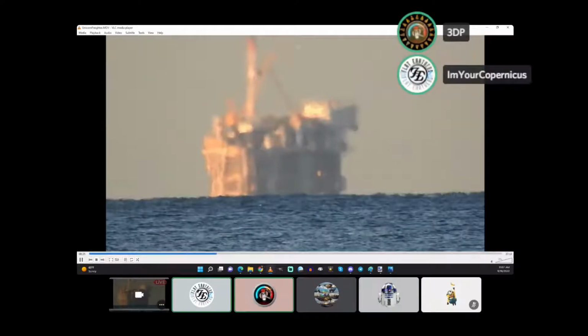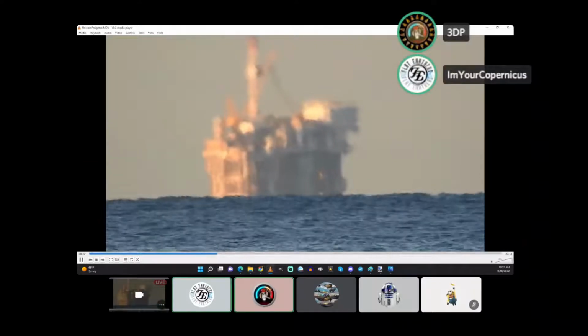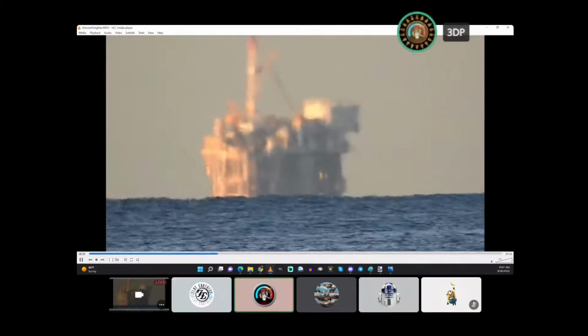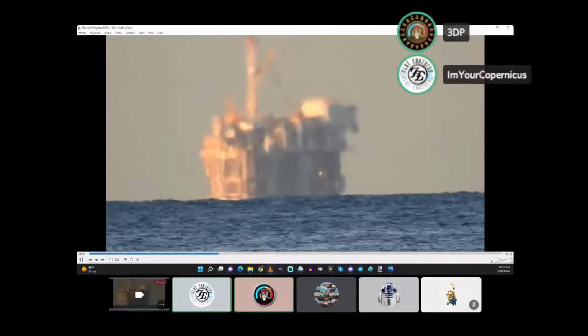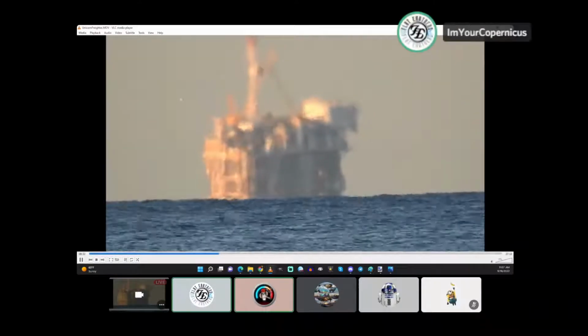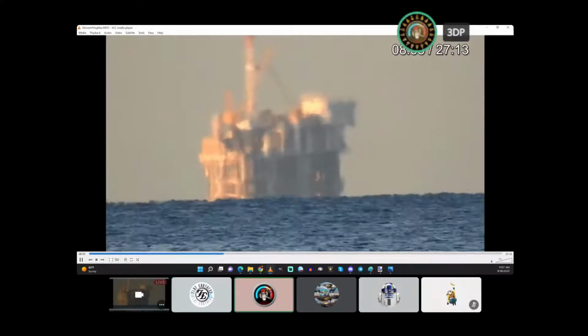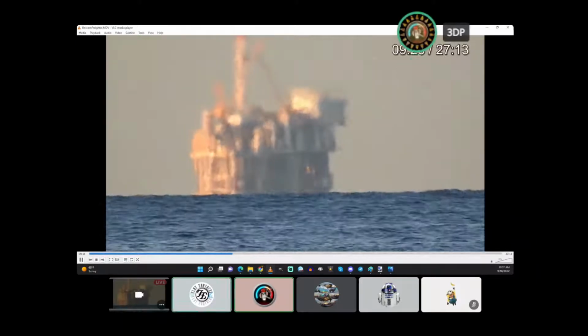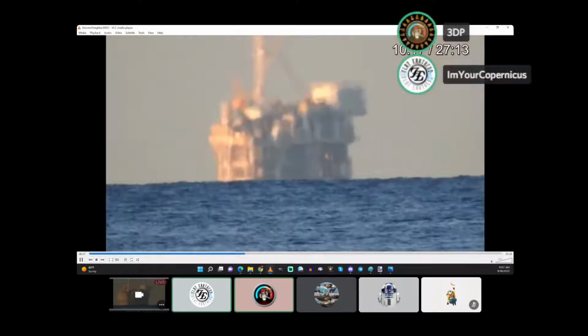Now, I think I panned out here because there's a freighter coming across the field of view on the right. Let me see if I jump forward a little bit. Here it comes.